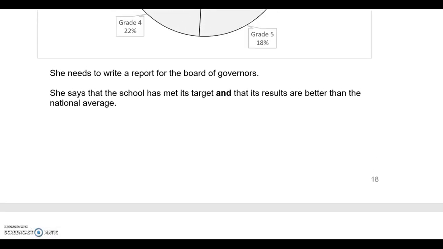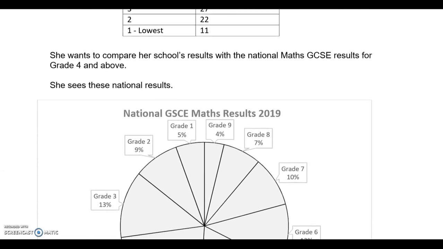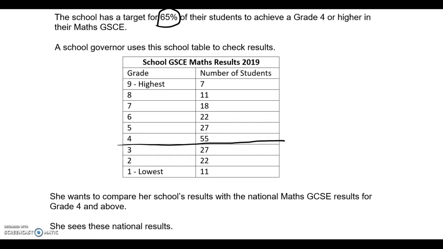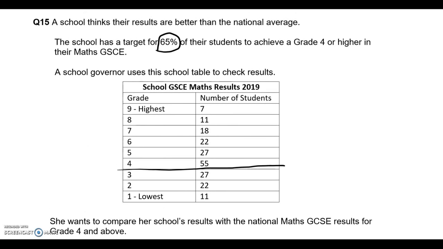So we've got these represented in two different ways. We've got the school results in a table, and we're looking at grade 4 and above. So we're looking at these numbers.